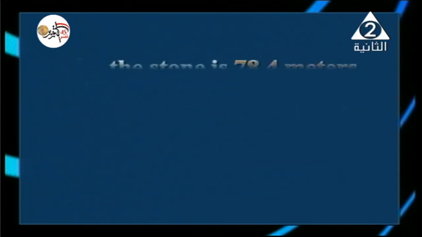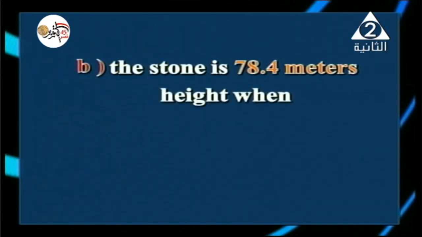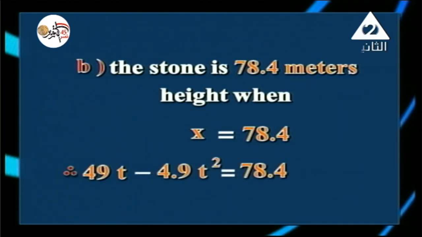After that, number B, when the stone is 78.4 meters high, x equals 78.4. Substituting x equals 78.4, therefore 49t minus 4.9 t square equals 78.4. This is an equation of second degree.